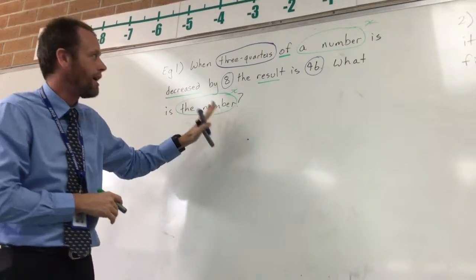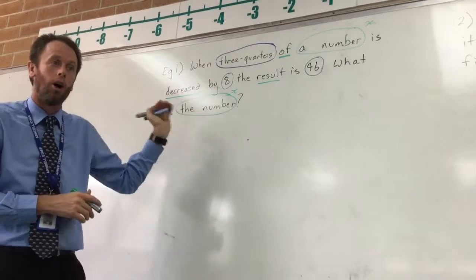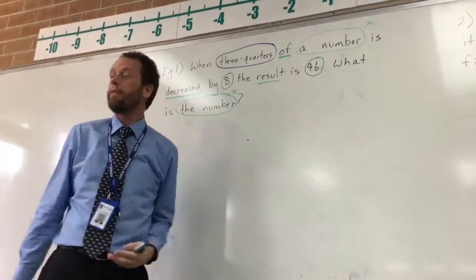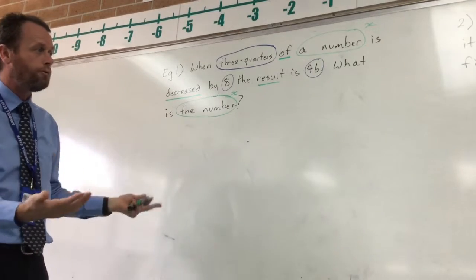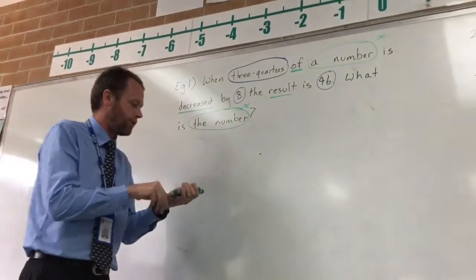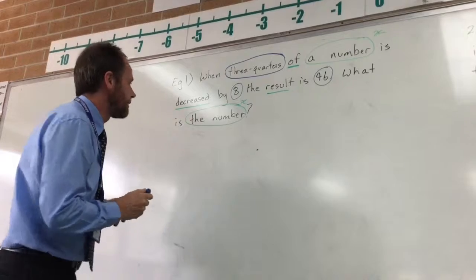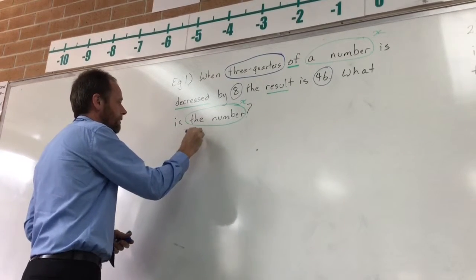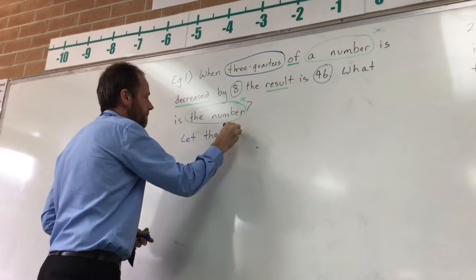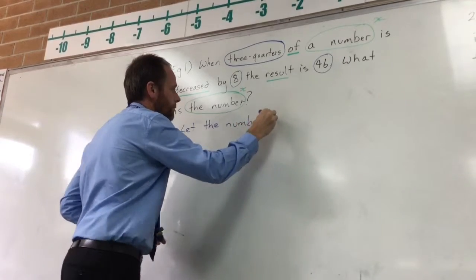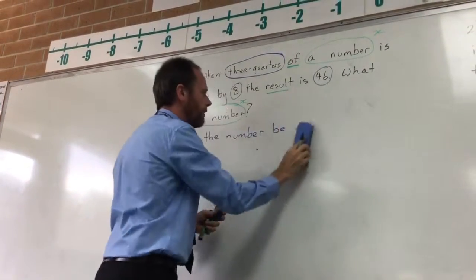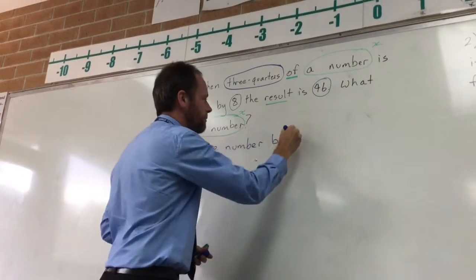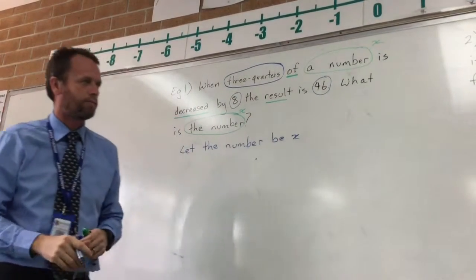Read it carefully. As I say, circle, highlight, underline, whatever helps you find the information you need. Use a variable. I'm going to suggest x. So to start with, let the number be x. Sorry, that's not how I write it. Let's try that again. Let the number be x.